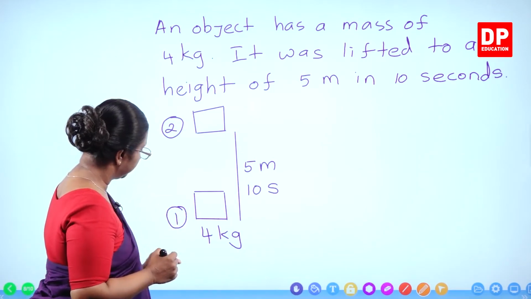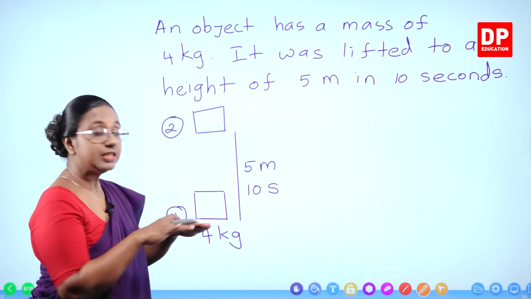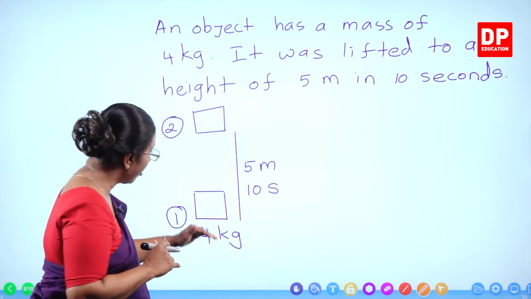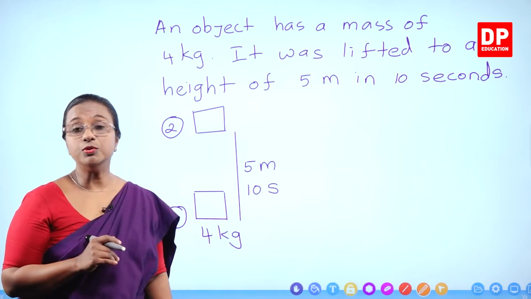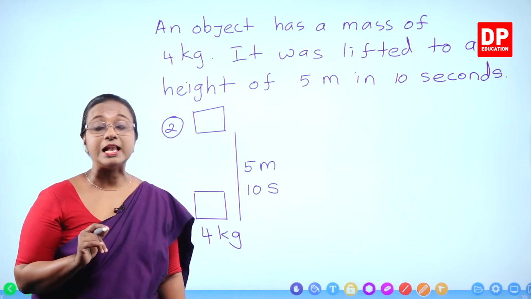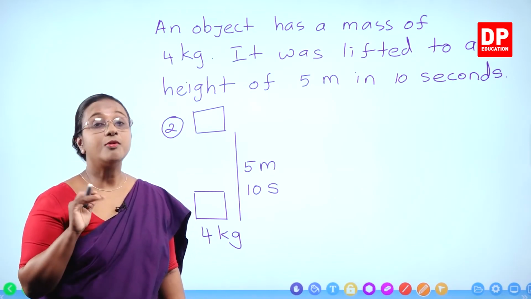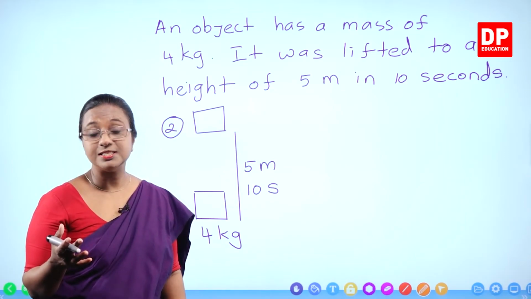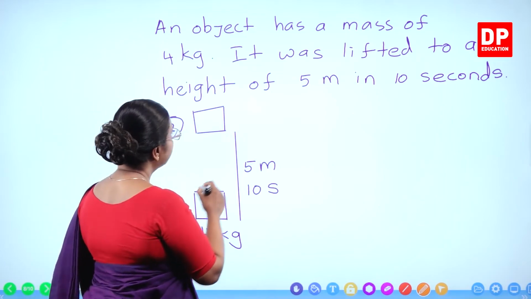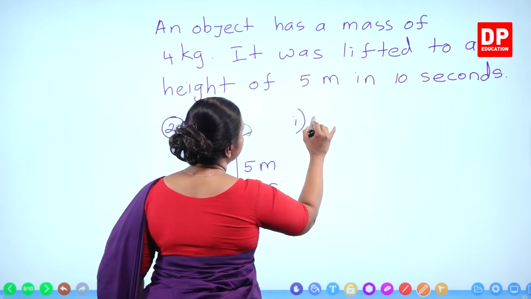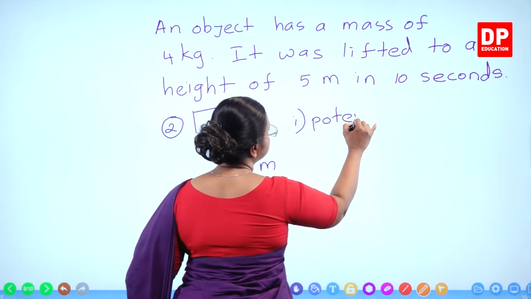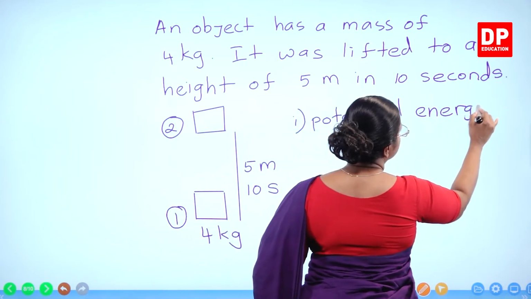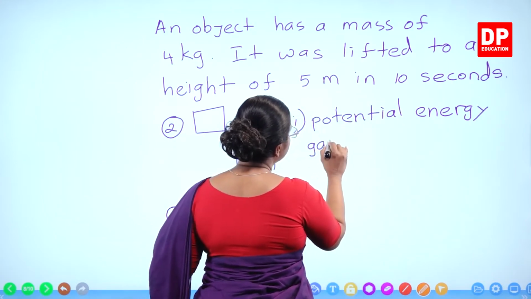So here, when the object is here, it's going to be at rest. There's no movement. But when you are lifting it up, you are going to do work. So you all know how to calculate the work done. How do we do that? We need to calculate the potential energy gained by the object. So first we can find the potential energy gained by the object.